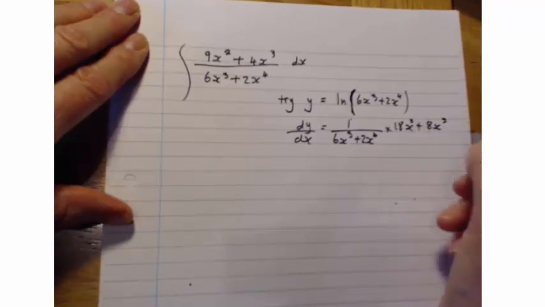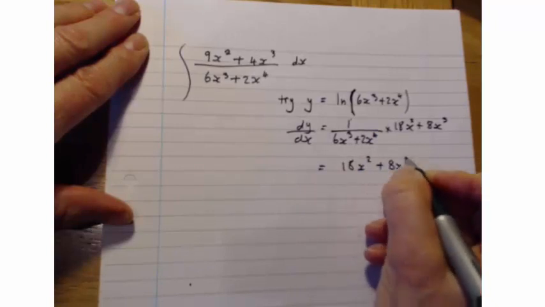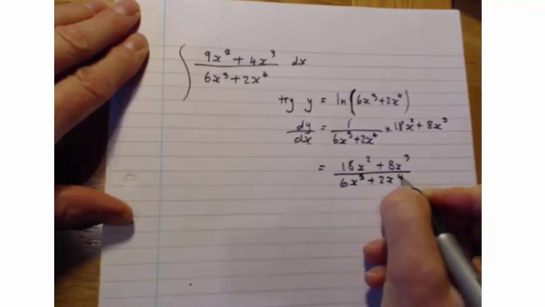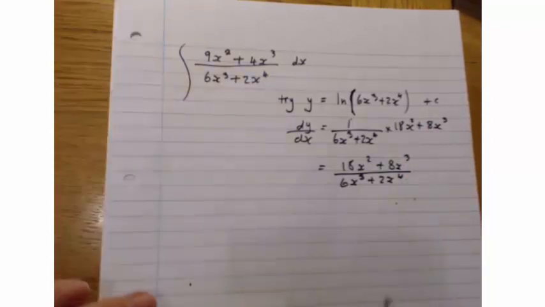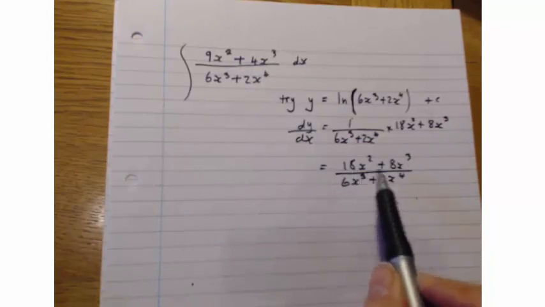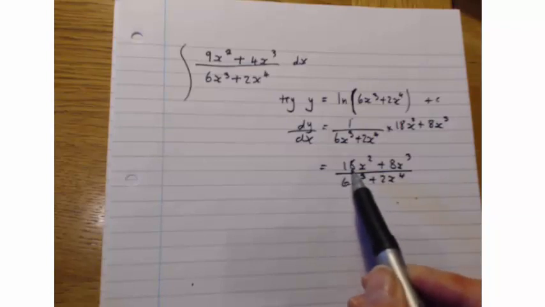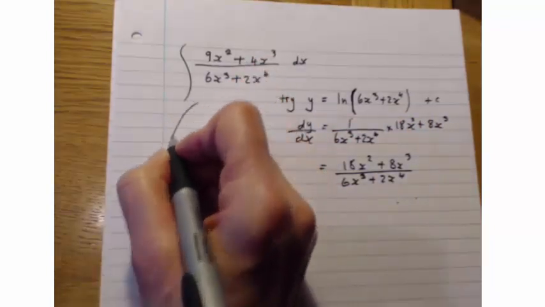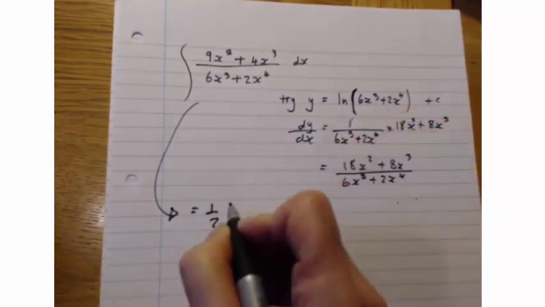So that equals 18x squared plus 8x cubed over 6x cubed plus 2x to the 4. So there was a plus c there, but then it disappeared there. Okay, so how does that compare with what we wanted? Well, this is twice as big as that. The top row is multiplied by 2 here. So really what the final answer is, it's half of our guess.